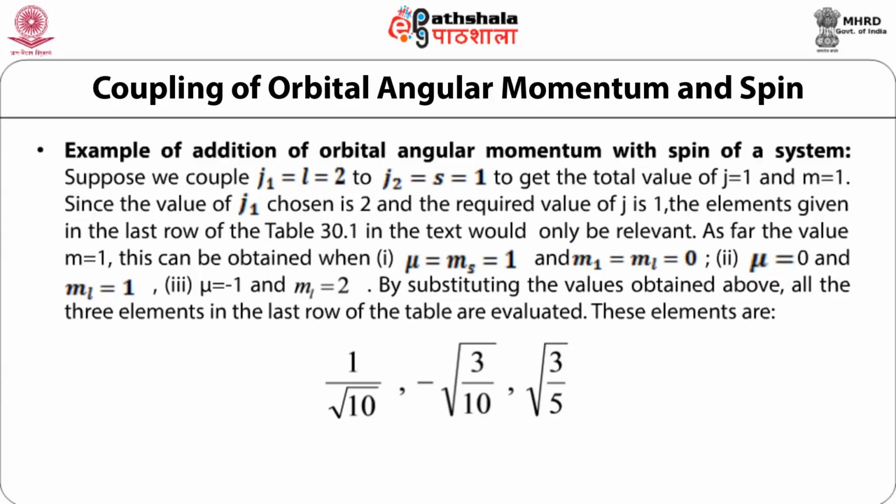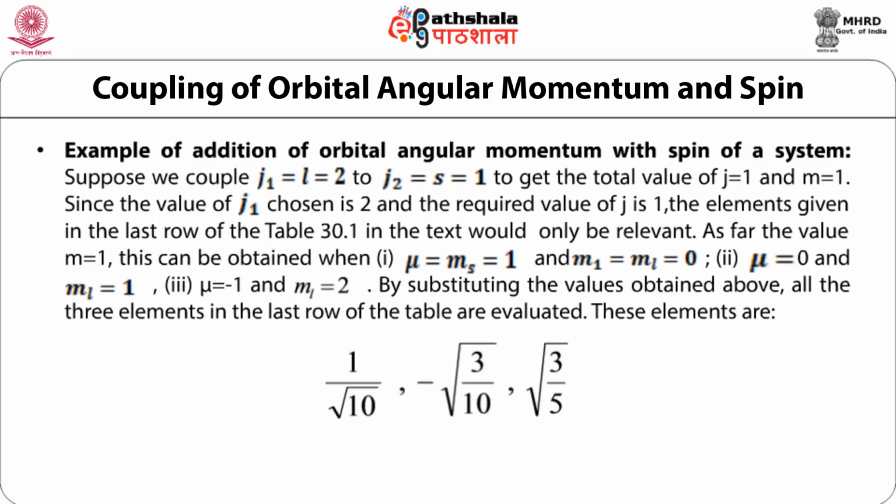Now here in the example that we have considered, since the value of J1 is chosen to be 2 and the required value of J that we finally get is 1, the elements of the Clebsch-Gordon coefficients corresponding to these values are given by [(J1 − M)(J1 − M + 1) / (2J1(2J1 + 1))]^(1/2).